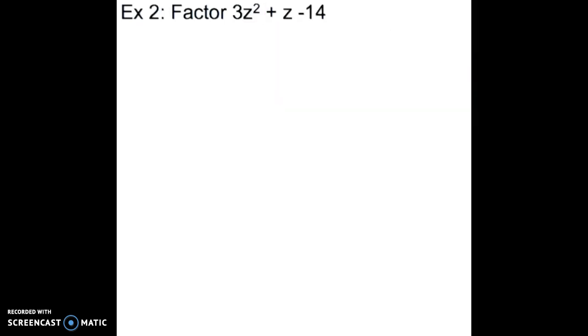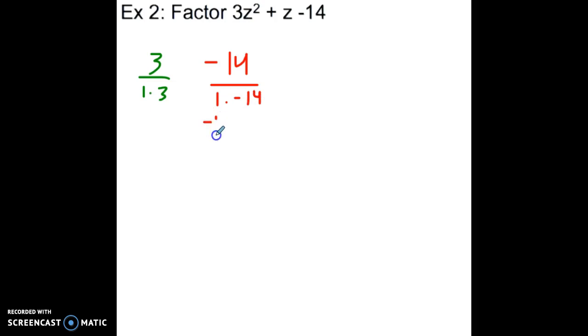Let's try this one. Factoring 3z squared plus z minus 14. So factors of 3. Well, I've got 1 and 3. Factors of negative 14. I've got 1 times negative 14.